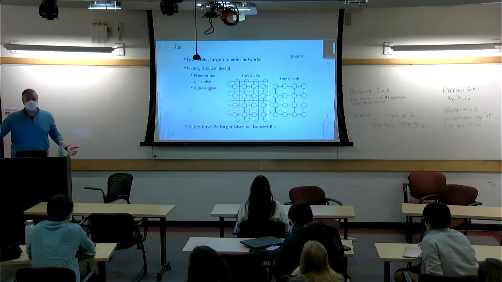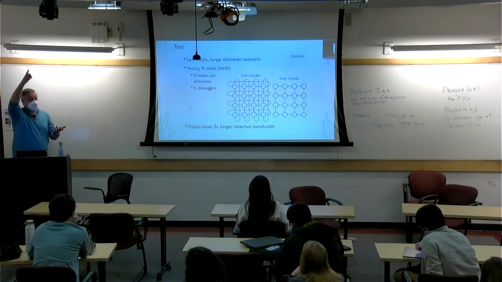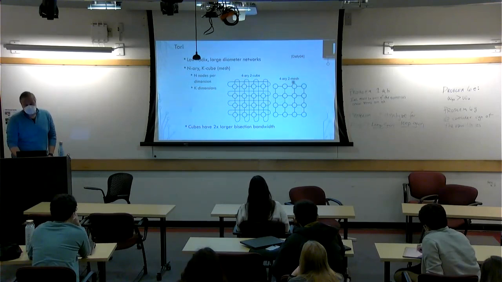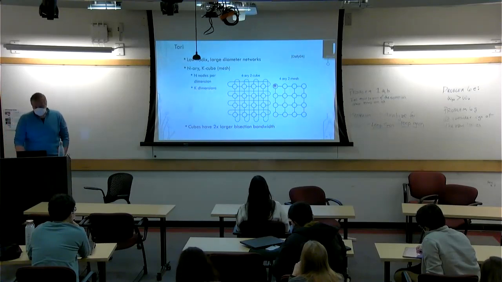If you're talking about the rack scale architecture, you need to do both in-plane and across, so you can scale this up. And then you see the nomenclature for the mesh. This is a 4RE 2 mesh, a 2-dimensional mesh, 4 nodes per dimension, right?